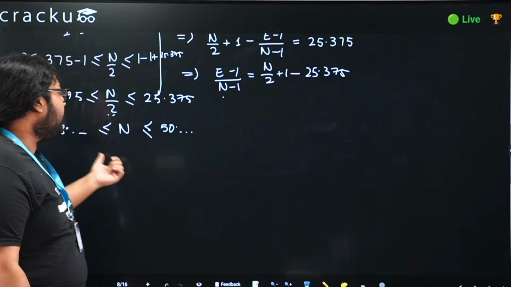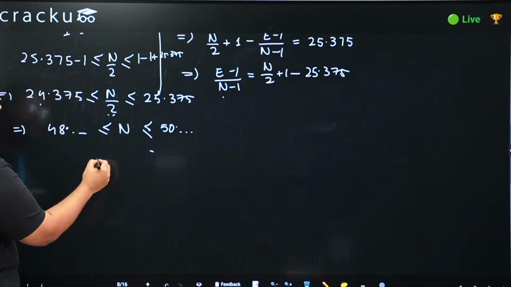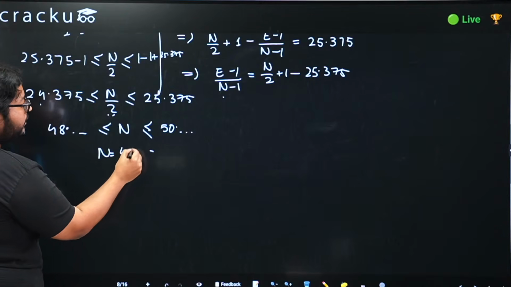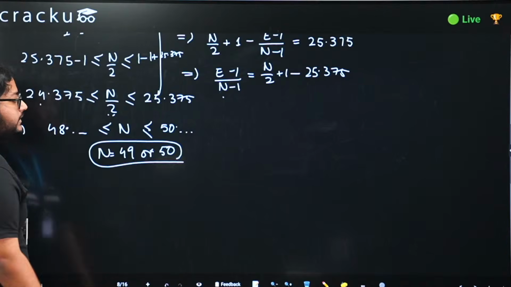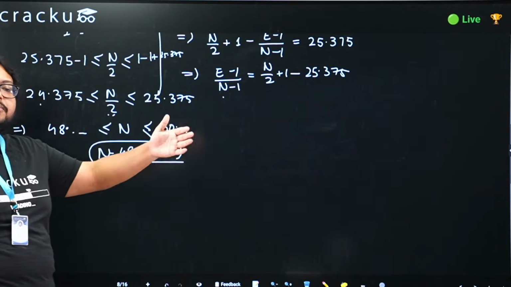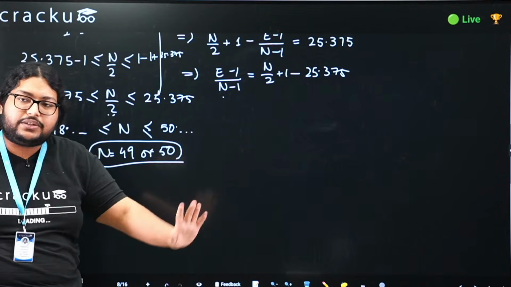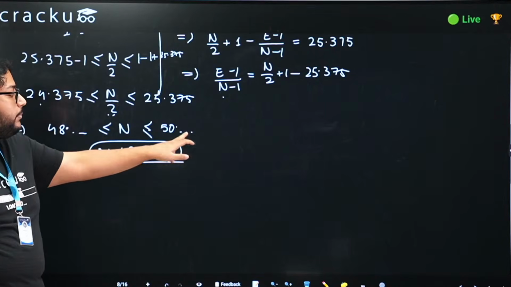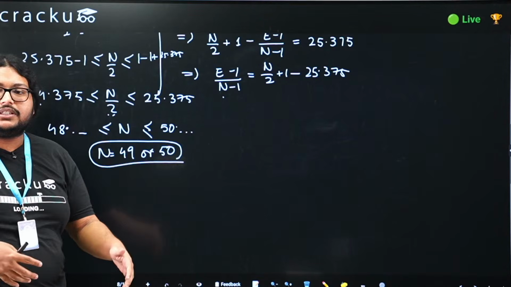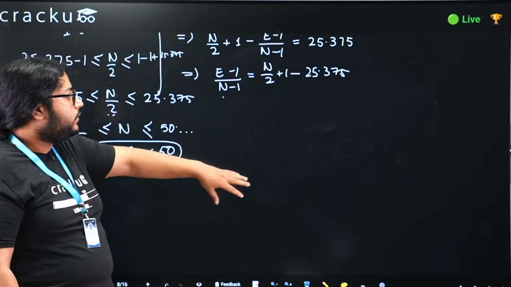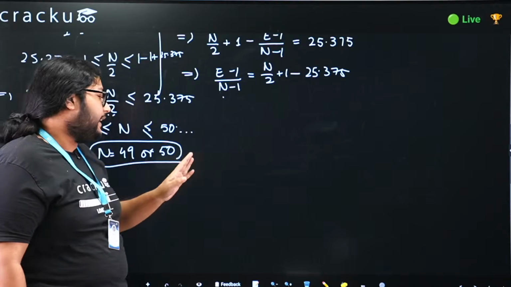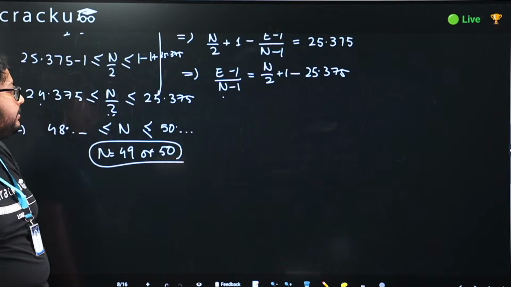So n can be in this range, n can only be 49 or 50. n cannot have any other value in this range. 48 point something means more than 48, so 49, then 50. Less than 50 point something, so that's 50 only. 51 will not be there. So we narrowed the value of n down to two values only. n can be 49 or n can be 50.